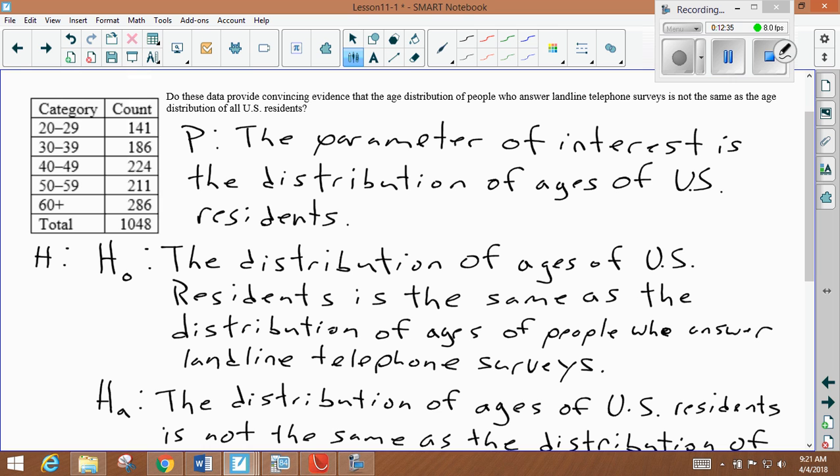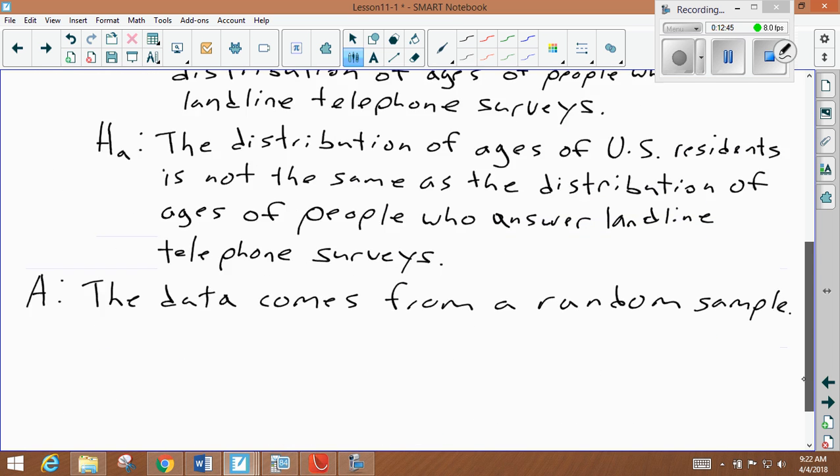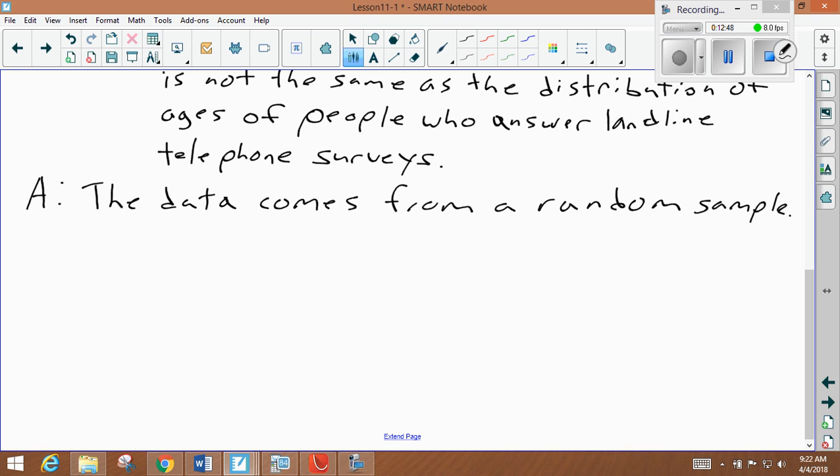This table represents our sample, and the total number in the sample is 1,048. That definitely checks out, right?